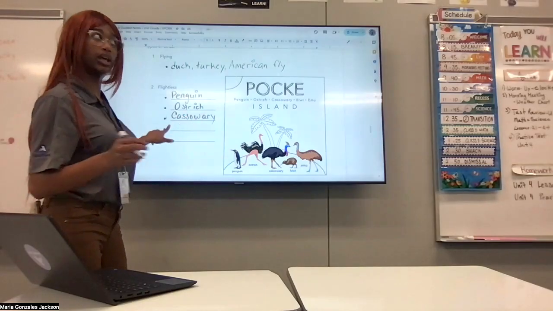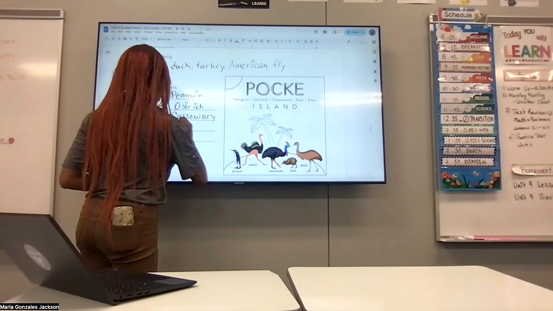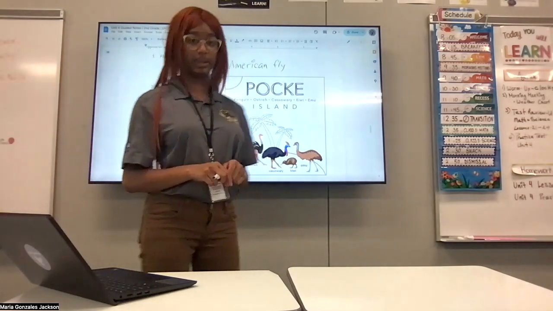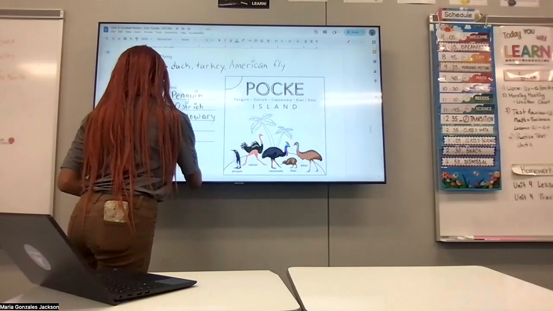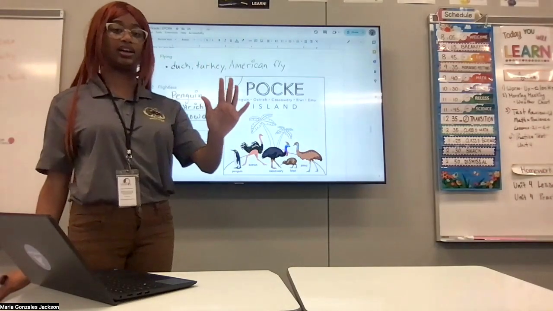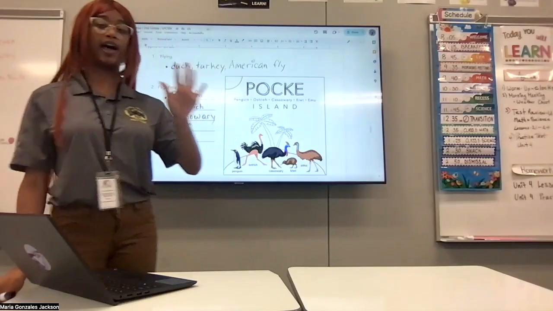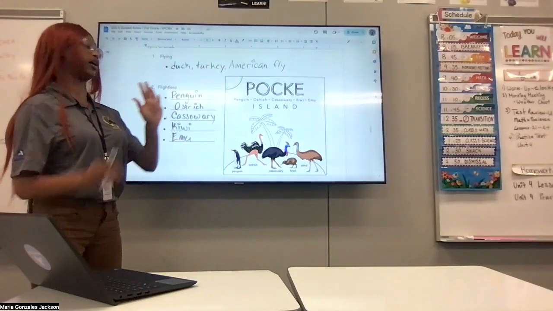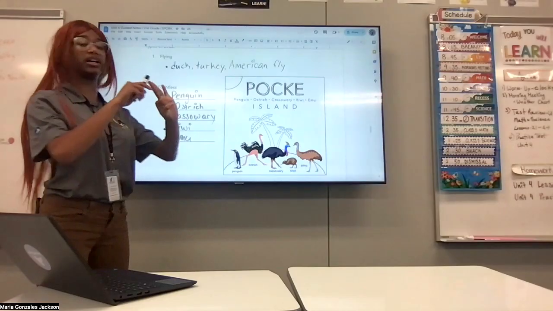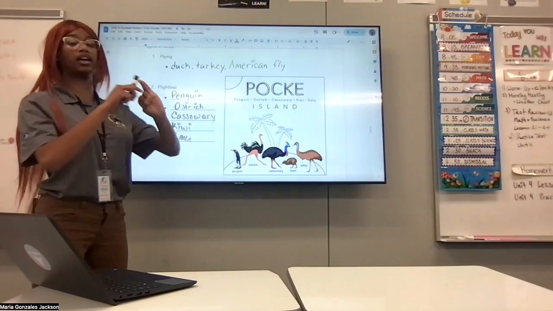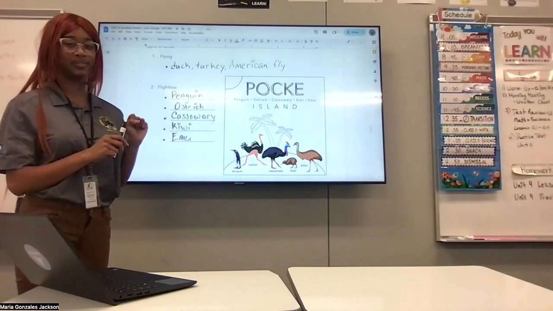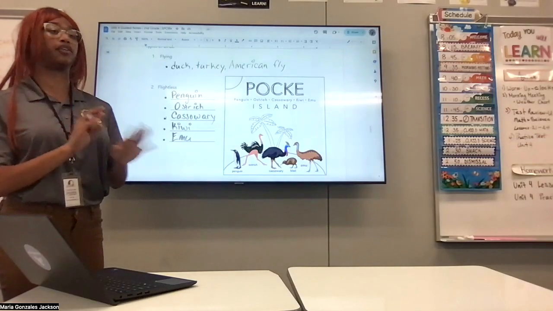Next is the K for kiwi, one of my favorite fruits. Delicious. And last but not least is our emu. So these are the 5 birds on Pocky Island that cannot fly: my P for penguin, my O for ostrich, my C for cassowary, my K for kiwi, and my E for emu.